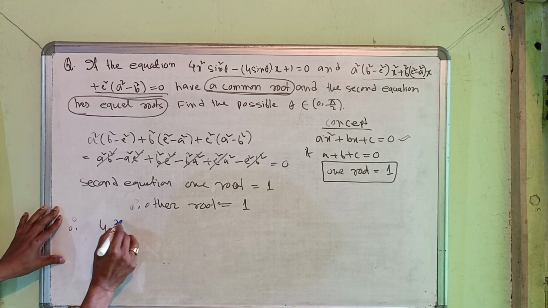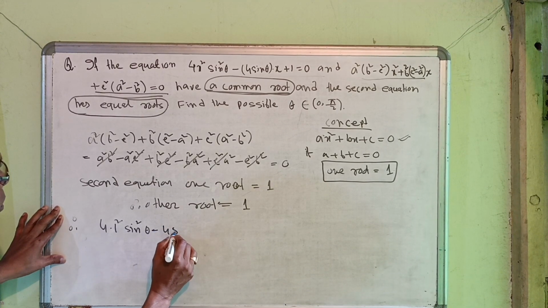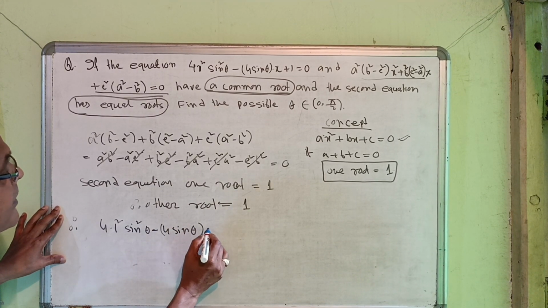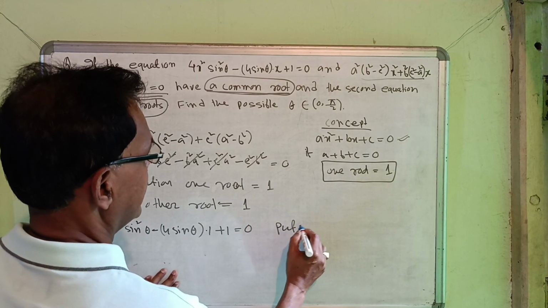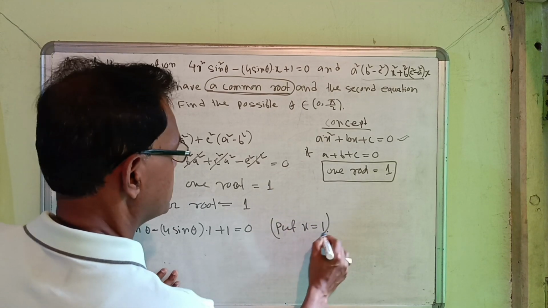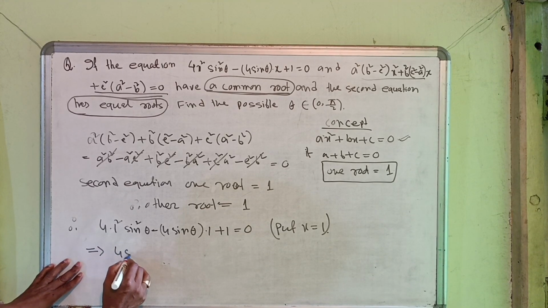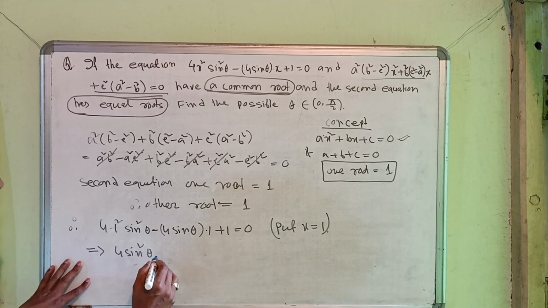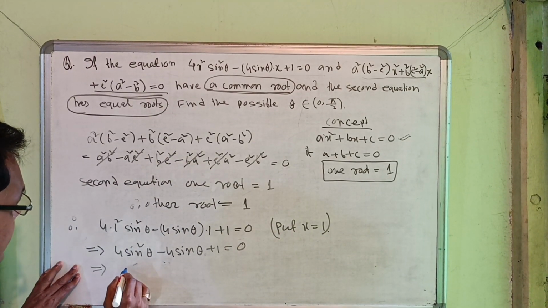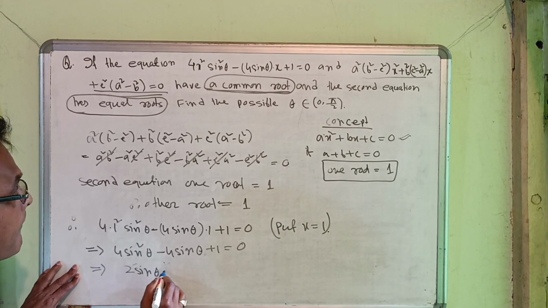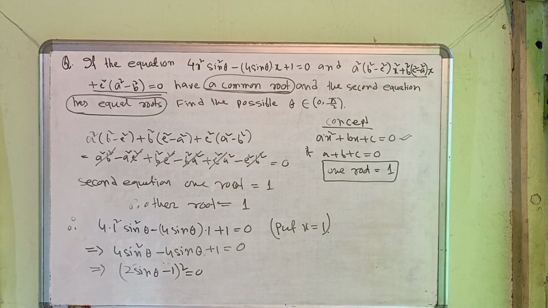4 into 1 square sin square theta minus 4 sin theta into 1 plus 1 equal to 0. Put x equal to 1. After calculation we get 4 sin square theta minus 4 sin theta plus 1 equal to 0. You can write this as (2 sin theta minus 1) whole square, that is a square minus 2ab plus b square.